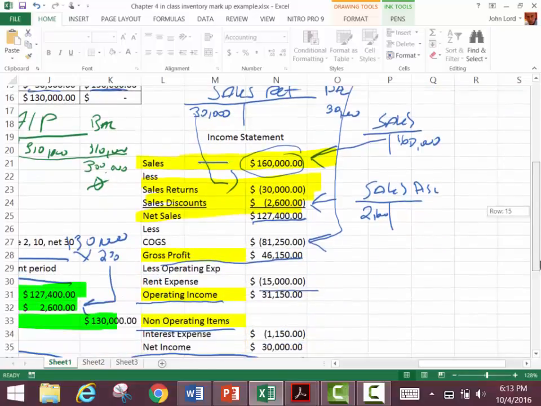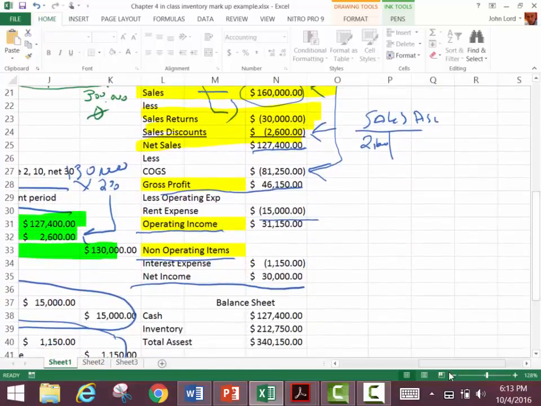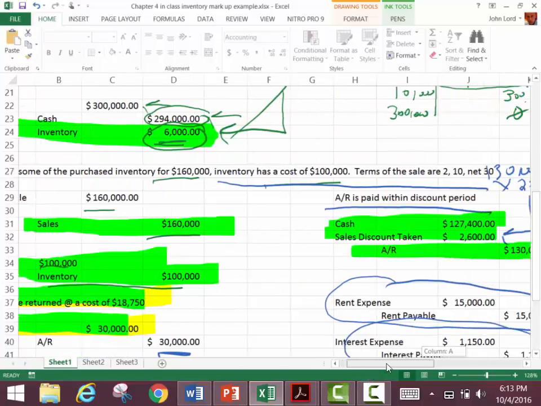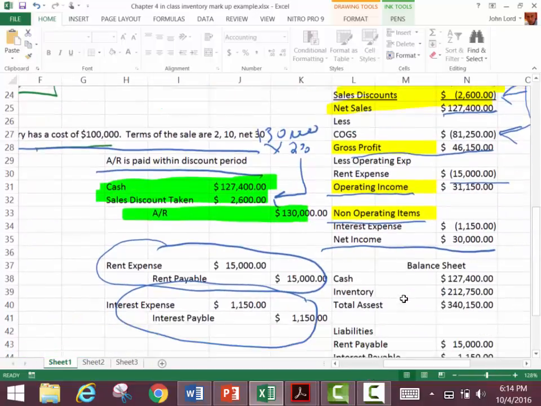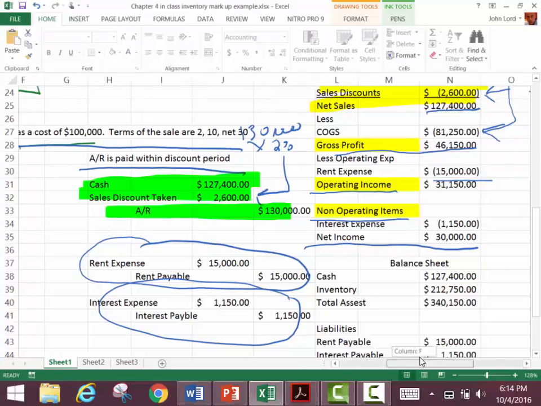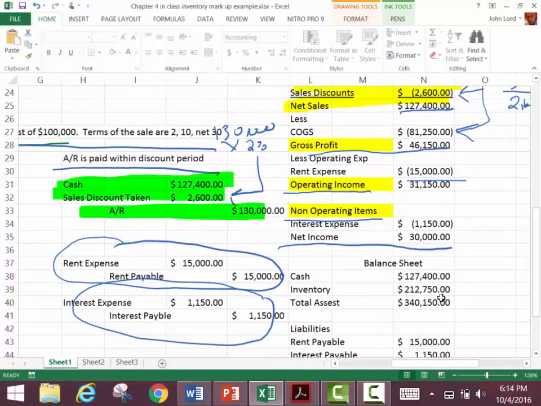Now I've gone through most of my transactions, but of course I remind you from chapters 2 and 3 that we have our rent expense and our interest expense that we have to record as well. So we debit and credit those appropriate accounts, and I'm not going to post those. I think you remember how those get posted from our previous examples.